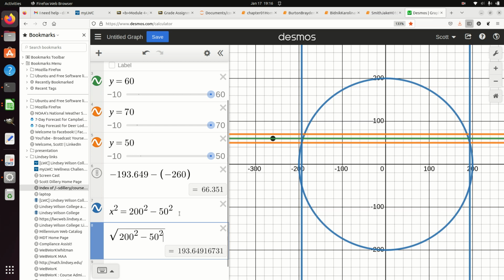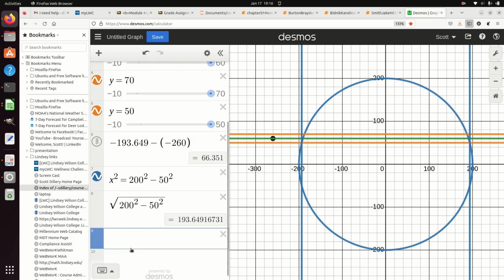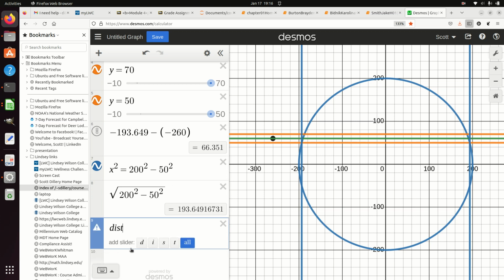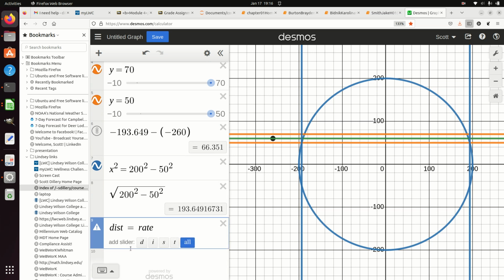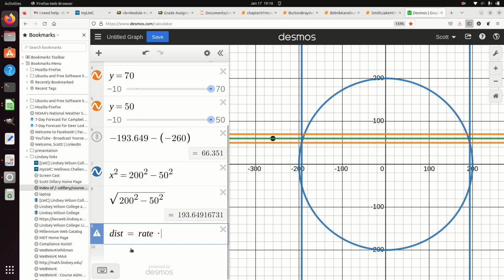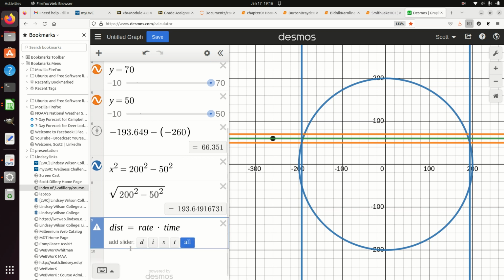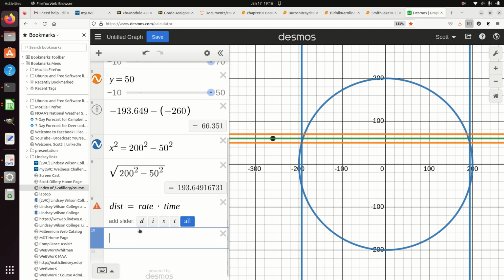Now, once I have the distance, I have the rate. And remember that distance equals rate times time. Well, that means if I have the distance and I have the rate, I can find the time. Time is distance divided by rate. So I have the distance, 66.351. I'll just highlight that whole thing.